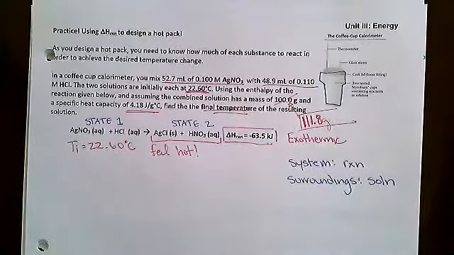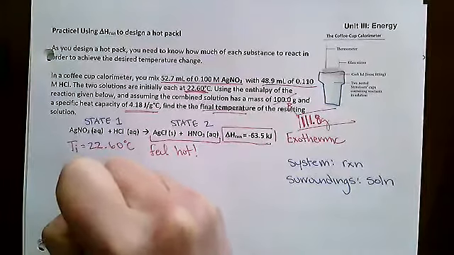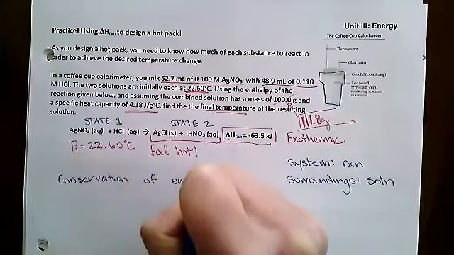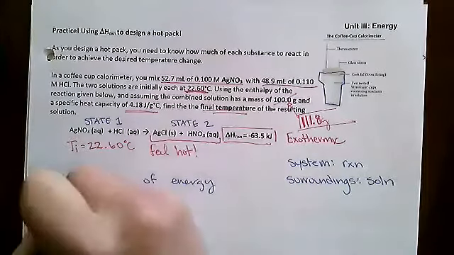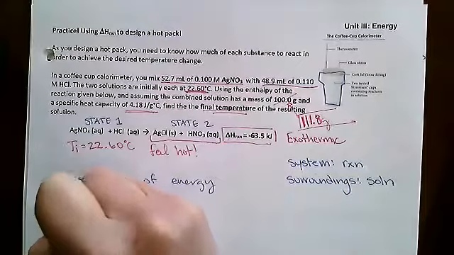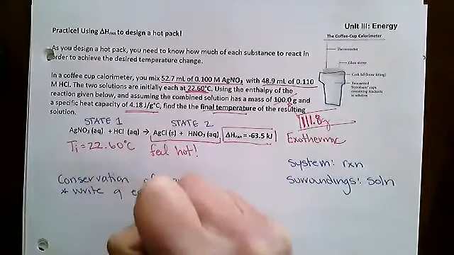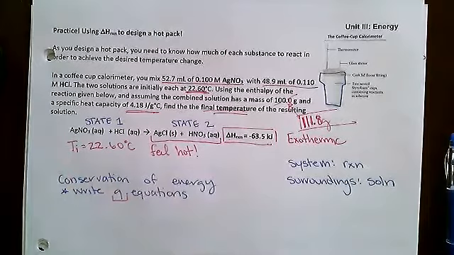So how does conservation of energy come into play here? I need to start by writing my Q equations. And what does Q stand for? Think back to lecture 17.